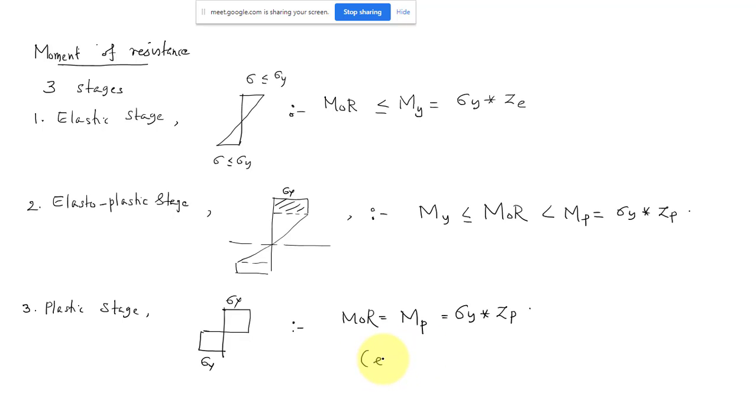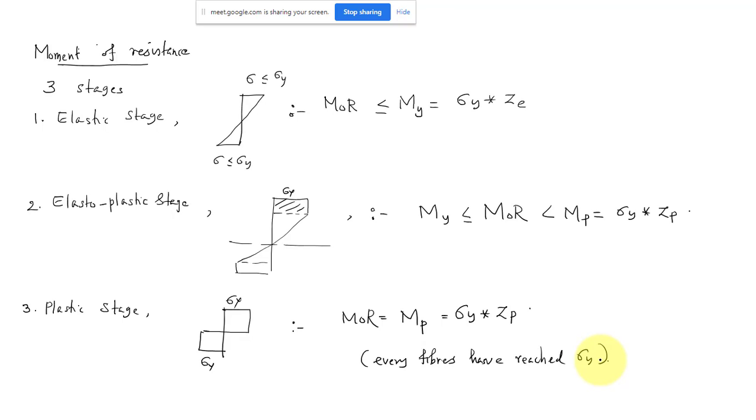Here every fiber reaches the yield strength.